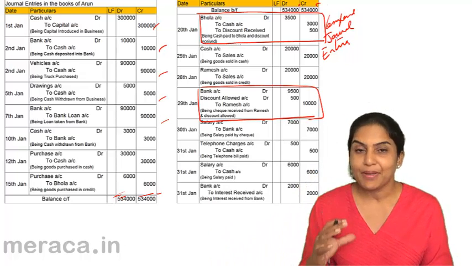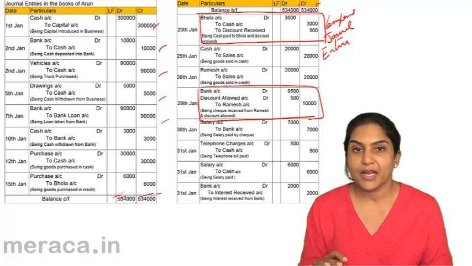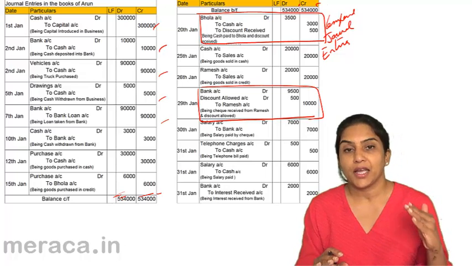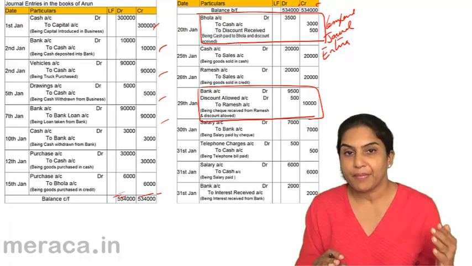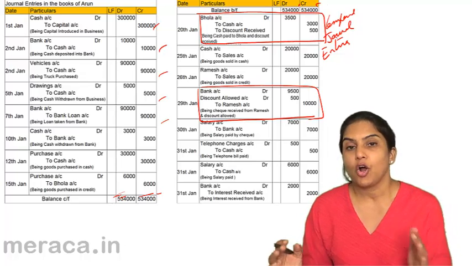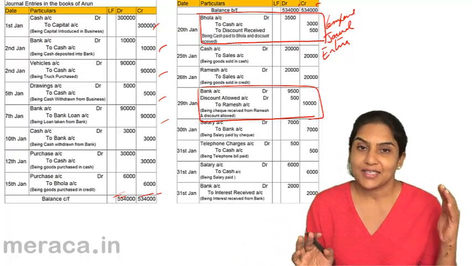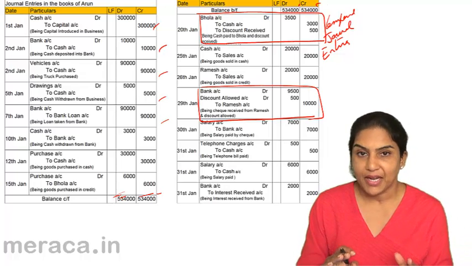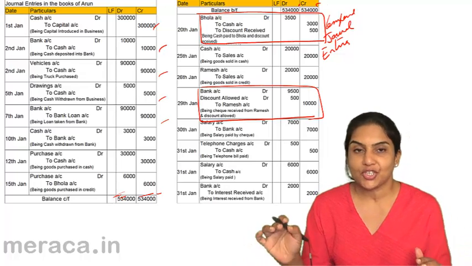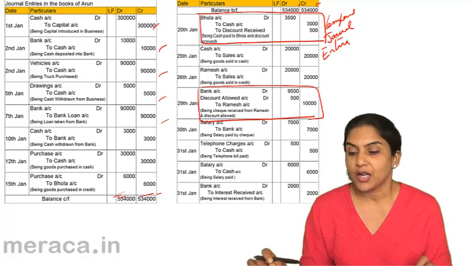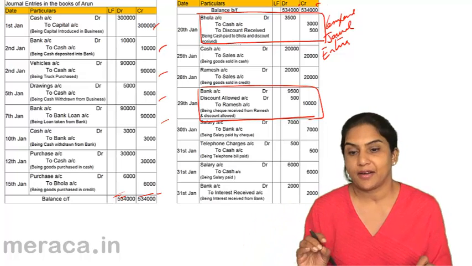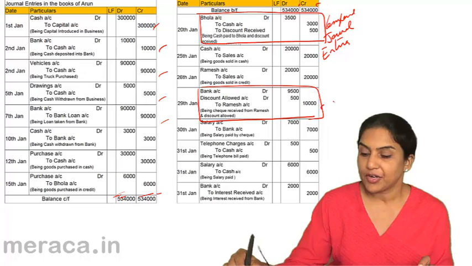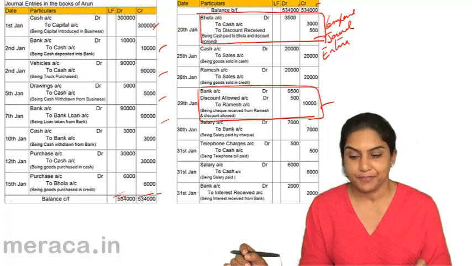When they are of a similar nature, usually when they involve two or more debits against a single credit, or two or more credits against a single debit on the same date, we can combine the transaction like this, and this is called a compound journal entry. Two examples in this case.